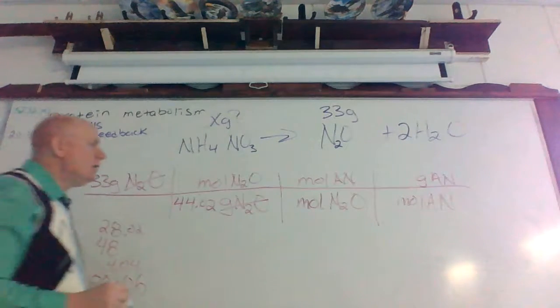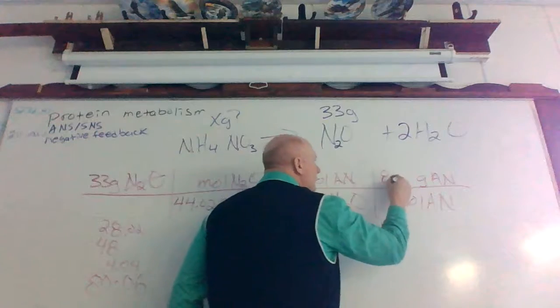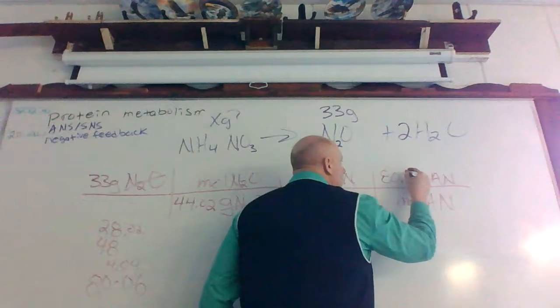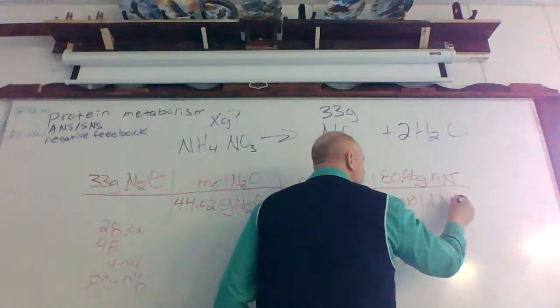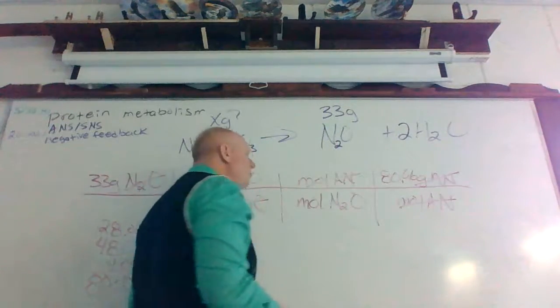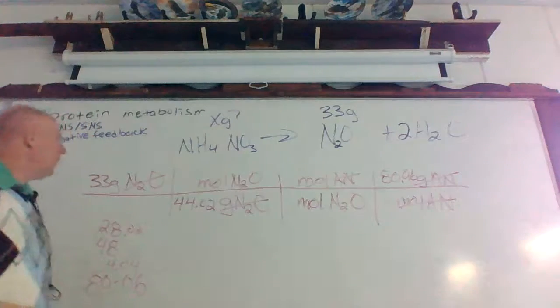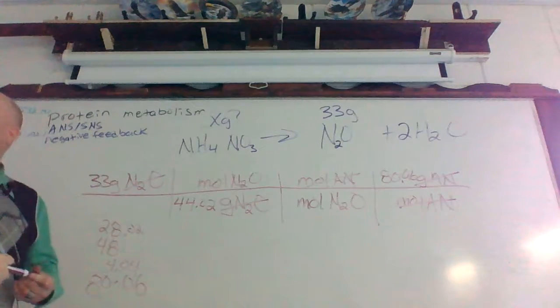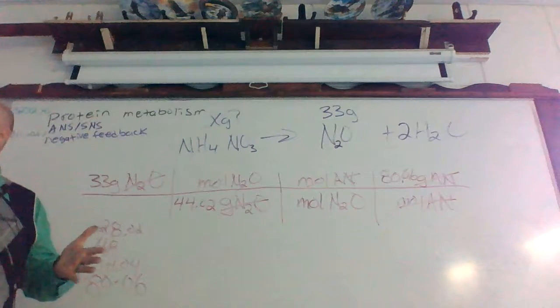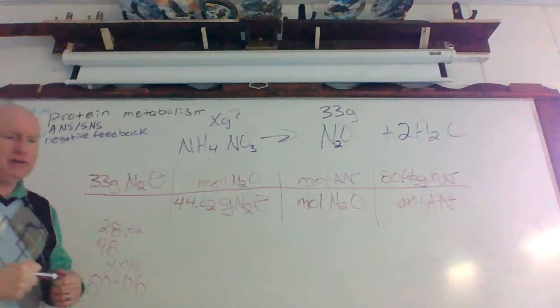Okay, so then 80.06 goes here, from the atomic mass of all that put together. Oops, I wasn't supposed to cross that out. So take 33 times 80 times 44, and hopefully you get somewhere around 60. 60.01. Okay.